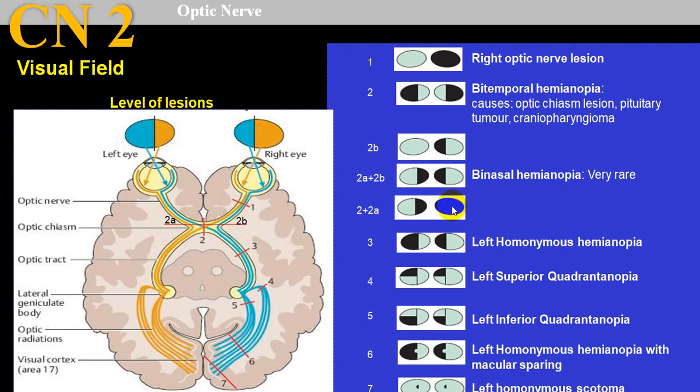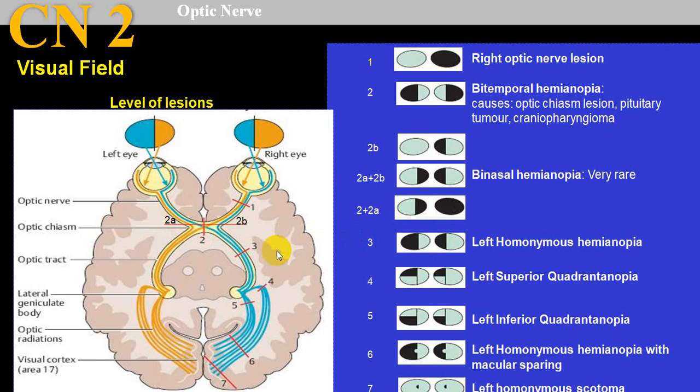So both side temporal field gone and nasal field of left eye is gone because temporal fiber is gone. So that will produce typical 2 plus 2a. This is 2a plus 2b. So if you get 2a plus 2b, you will have a binasal. Because of 2a, you will also have, this is 2a plus 2, so this field gone. So nasal and this is gone.